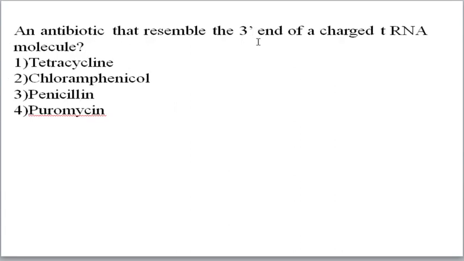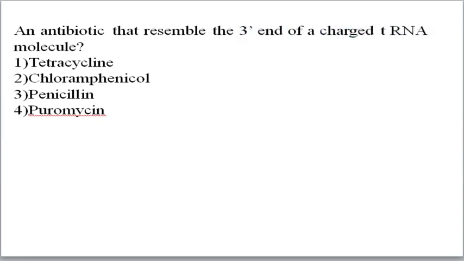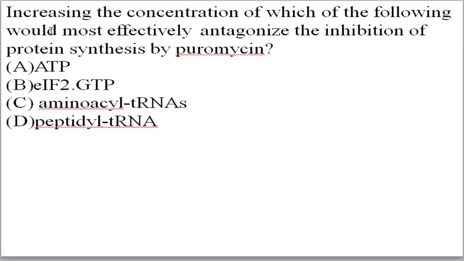Next, an antibiotic that resembles the 3' end of a charged tRNA molecule. Charged tRNA and amino acyl tRNA molecule have the same meaning, friends. So again the answer is Puromycin. Next, this question has been asked in your DBT examination: increasing the concentration of which of the following would most effectively antagonize, meaning bring back to normal, the inhibition of protein synthesis by Puromycin?